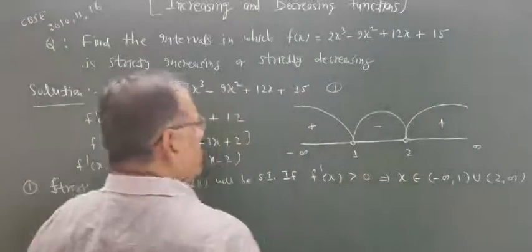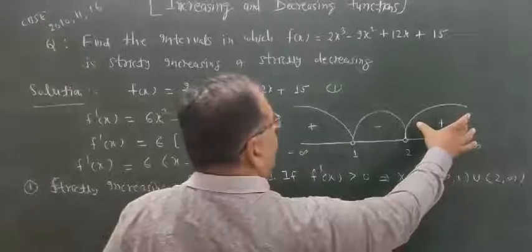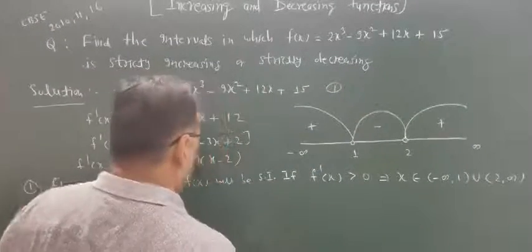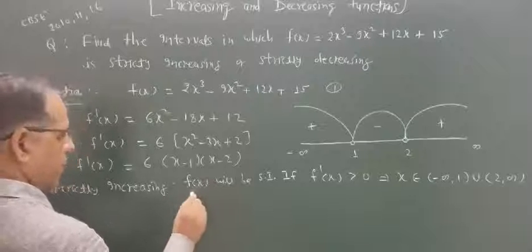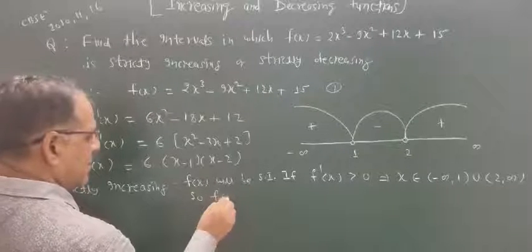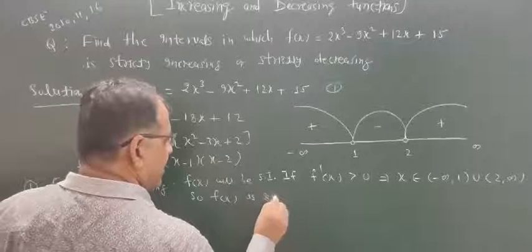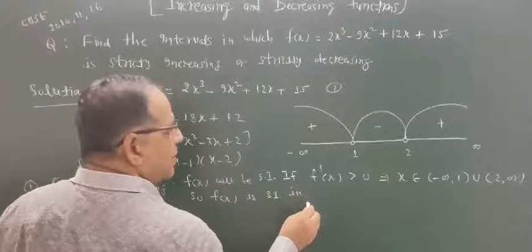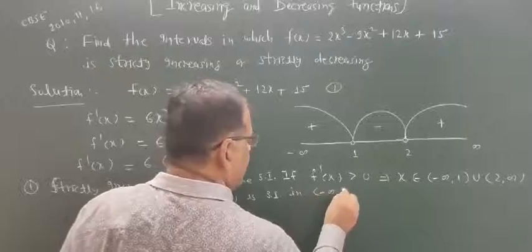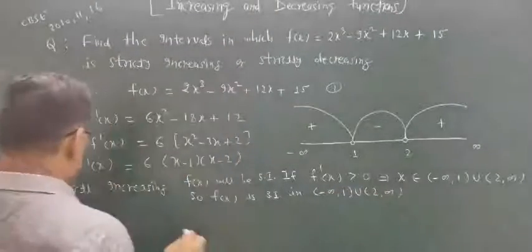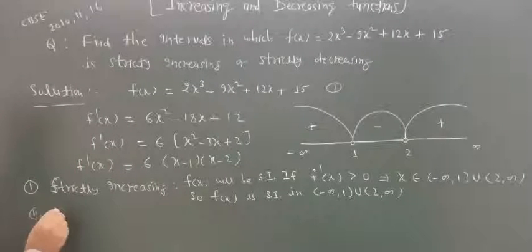We are clearly observing here there are two options we have in which the value of f dash x is positive. So f(x) is strictly increasing in minus infinity to 1 union 2 to infinity.